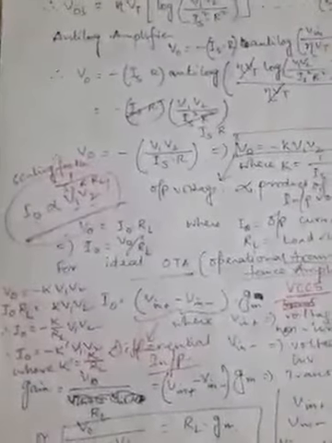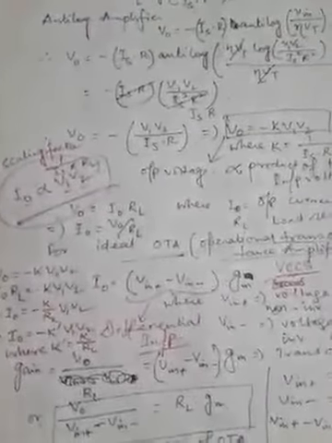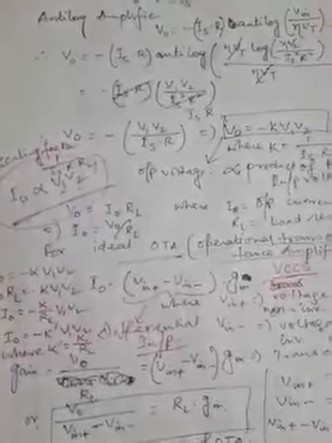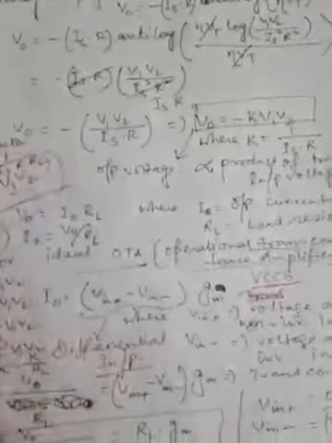So we have introduced the load resistance in its final expression. So therefore we can say IO is proportional to V1 V2, which is establishing the operation of a transconductance multiplier.